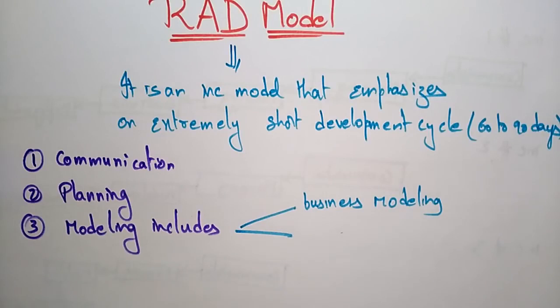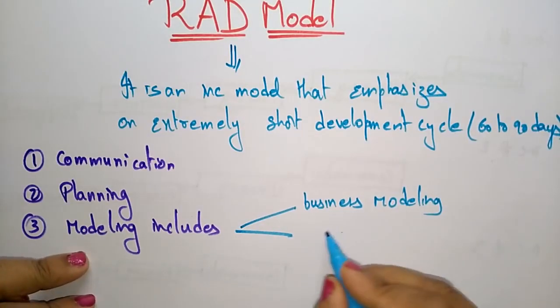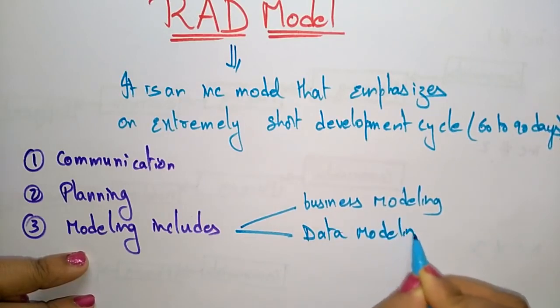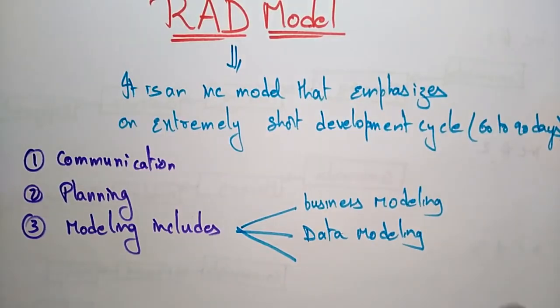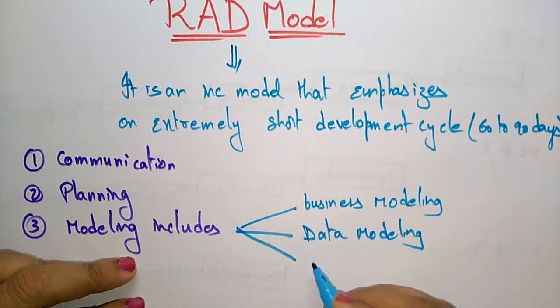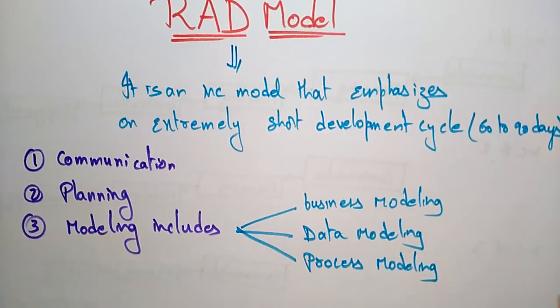For understanding, they can use different types of modeling. They can introduce business modeling, they can take data modeling. Modeling can be used for a clear understanding of the product or the process: business modeling, data modeling and process modeling. Any one of the modelings can be included, or all three can be included.